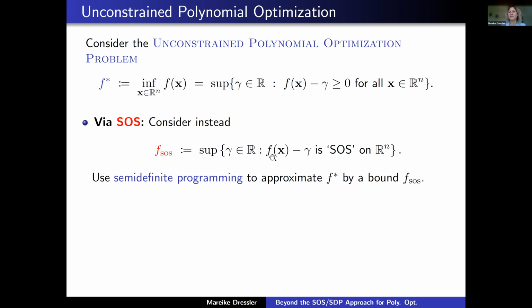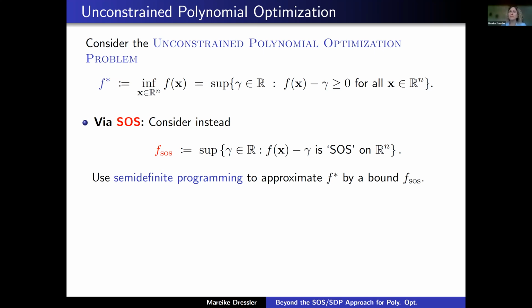So I ask now whether f minus gamma is a sum of squares globally, and I call this number f_SOS, and this clearly gives me a lower bound for my original optimal value f star, and I can even compute this bound easily via semidefinite programming.